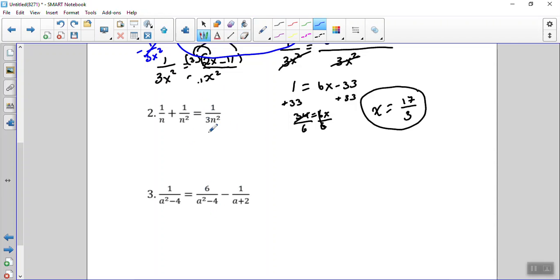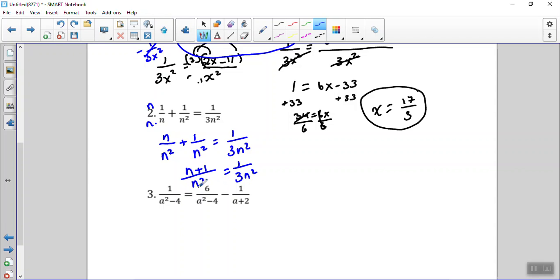So for this one, remember that we're going to combine one side. To be able to combine this, I need a common denominator. I have n squared and then I have n. So if I multiply top and bottom by n, 1 times n is n over n times n is n squared, plus 1 over n squared equals 1 over 3n squared. The numerator is just n plus 1, over n squared equals 1 over 3n squared.